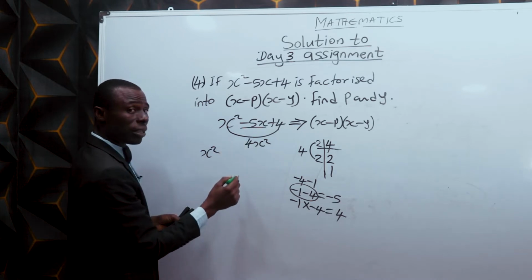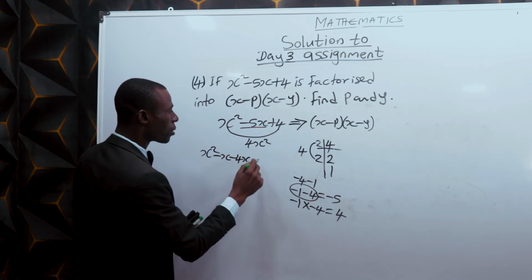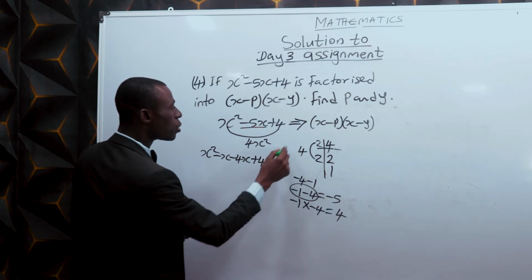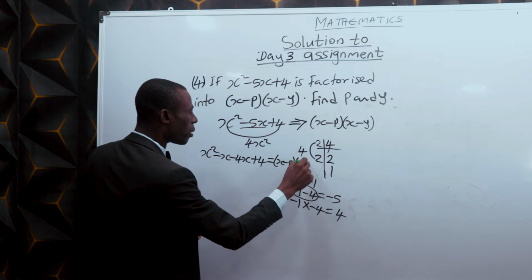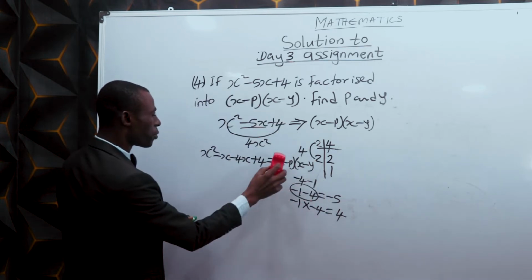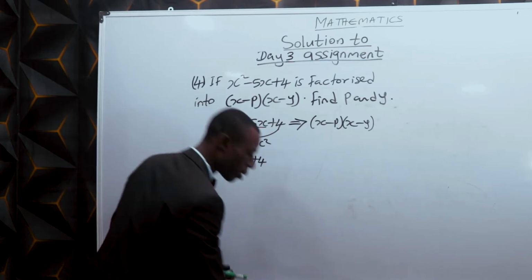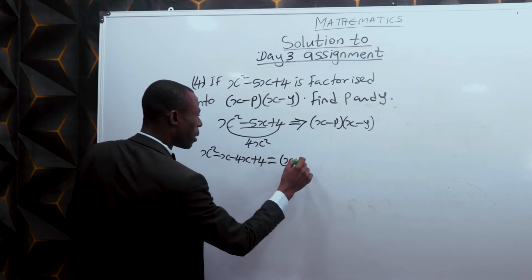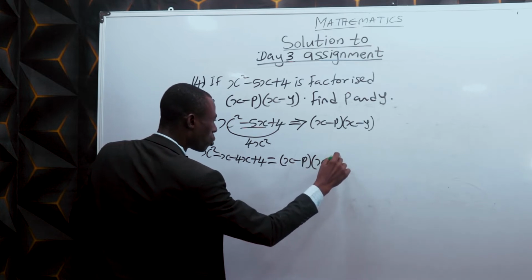They are viable factors. So we now write x². Instead of minus 5x, we write minus x minus 4x, then plus 4. We now equate this to x minus p into x minus y. Let me give space here. Let me clean this so we can have enough space. So we have x minus p into x minus y.